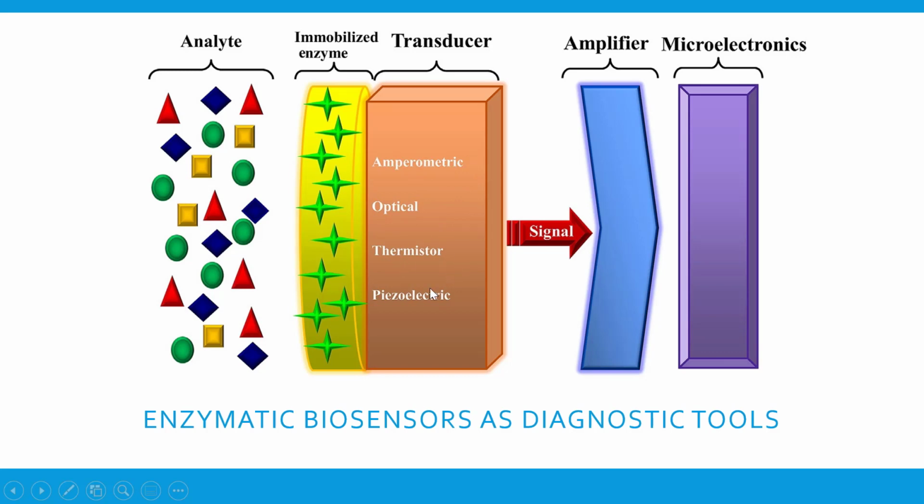The signals are converted into digital signals, then amplified and shown in microelectronic devices. The main purpose of such a device is to generate a discrete or continuous signal which is proportional to the concentration of an analyte. So depending on the concentration of analyte bound to this immobilized enzyme, you will get the signals.